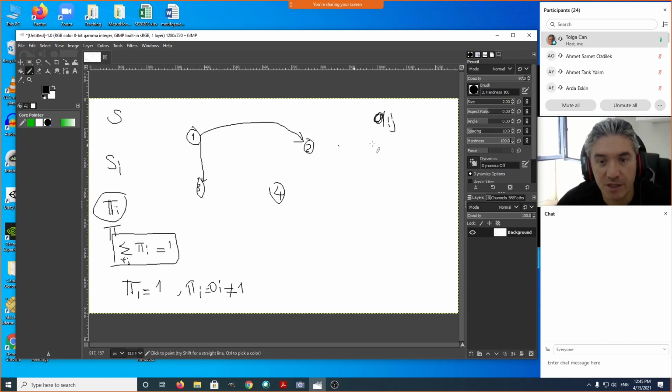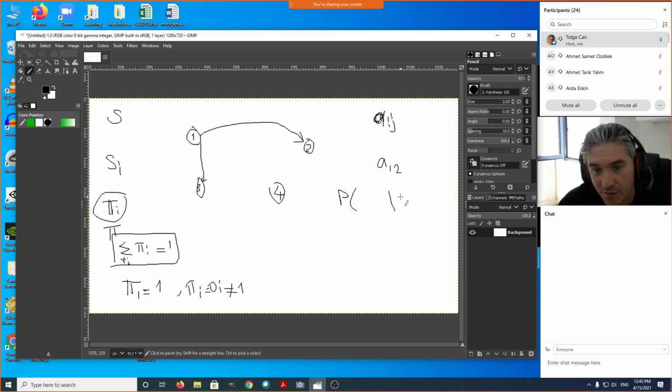For example, A12 is the probability to transition from state 1 to state 2 in a certain time step, given that at time t you are currently at state 1.